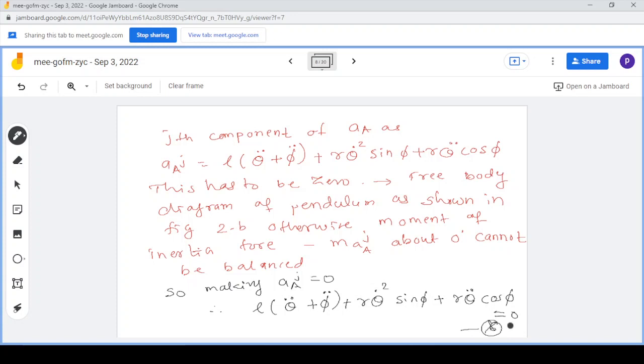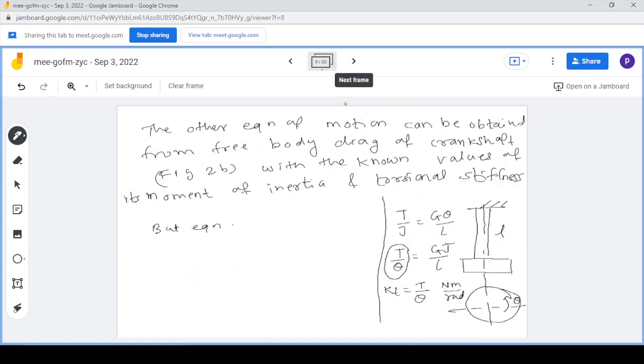Okay, let us call this expression 7, and this expression we call 6. Okay? Equation 7 forms a set of non-linear differential equations.